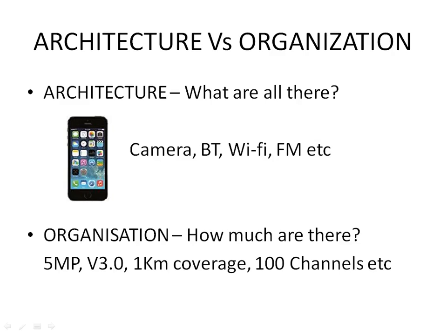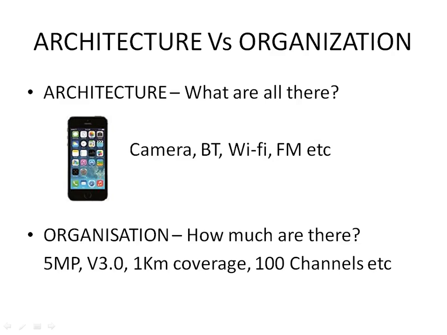Whereas organization deals with how much there is: what is the size or resolution of the camera, which version of Bluetooth is supported, what coverage the Wi-Fi device gives, and how many channels the FM radio supports.